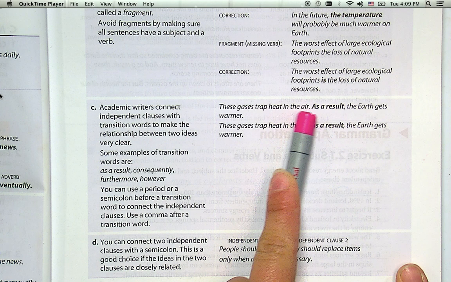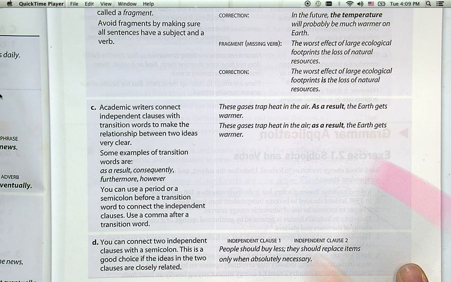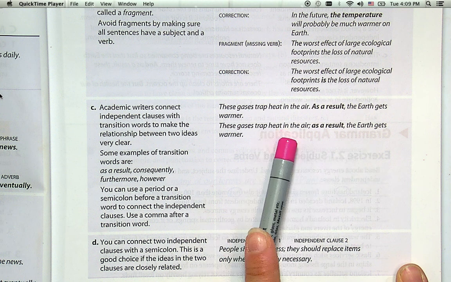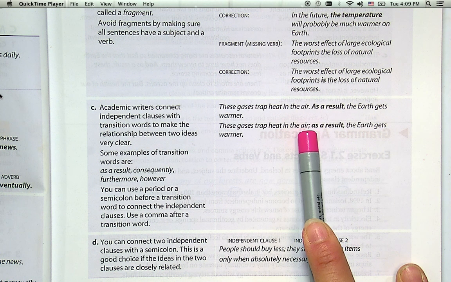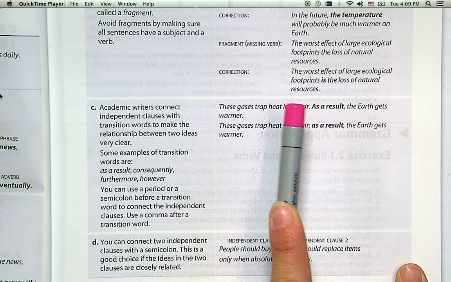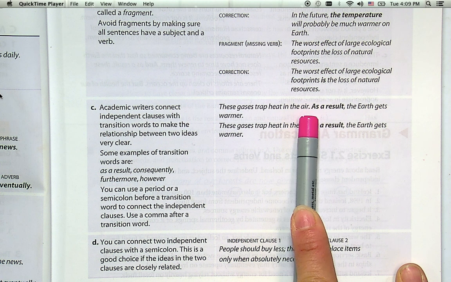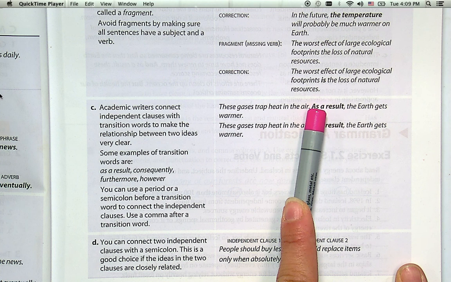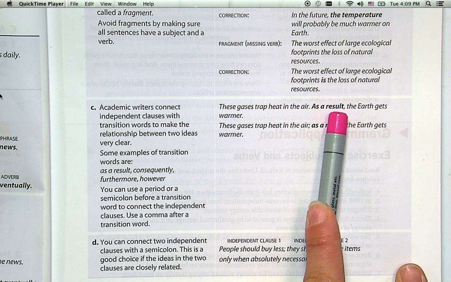This semicolon is a correct use of a semicolon, but even native speakers often struggle with correct use of a semicolon, so I usually tell students to just use the period. These gases trap heat in the air. Period. Space. Capital letter. As a result, comma, space.